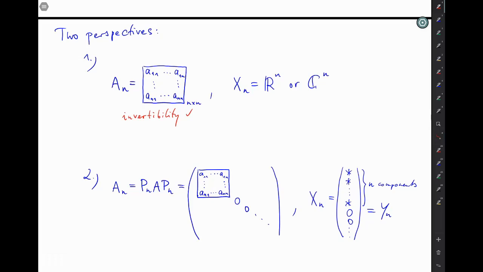On the other hand, in the second perspective, it's pretty clear what it means that Xn is contained in Xn plus 1, and all of these are contained in X, which is just LP, because by construction this is just a space of infinite vectors, so this is always a subspace of X. You could not say that R2 is a subspace of R3, which is a subspace of R4, and so on, at least not immediately when you write down vectors just as 2 vectors, 3 vectors, 4 vectors.